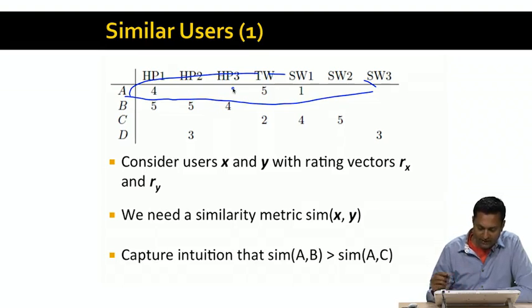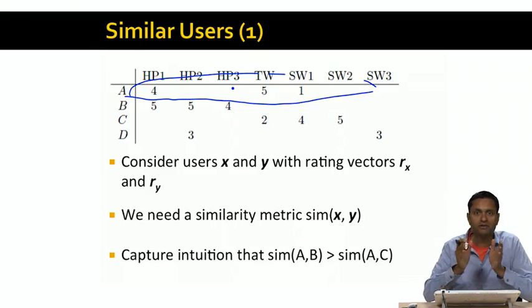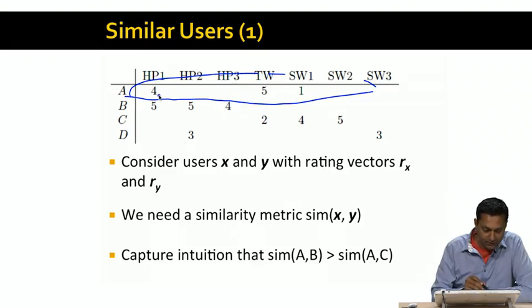Now, once we define the similarity, we'd like to define it in a way such that it captures a very simple intuition: users with similar tastes have higher similarity than users with dissimilar tastes. For example, in this case, notice that A and B have rated only one movie in common, Harry Potter 1. However, they both rated the movie fairly highly. Whereas users A and C have actually rated 2 movies in common, Twilight and Star Wars 1.